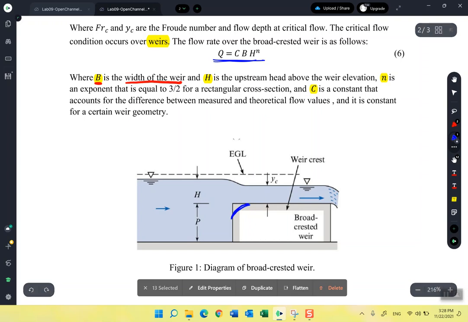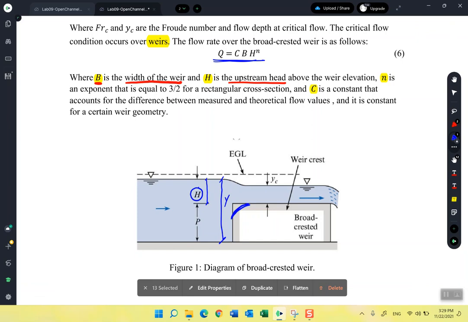So regardless of the shape of the weir, the equation also has the h variable, which is the upstream head above the crest. This variable only starts from this point to this point, and you should differentiate between h and the water depth, which is this depth here.